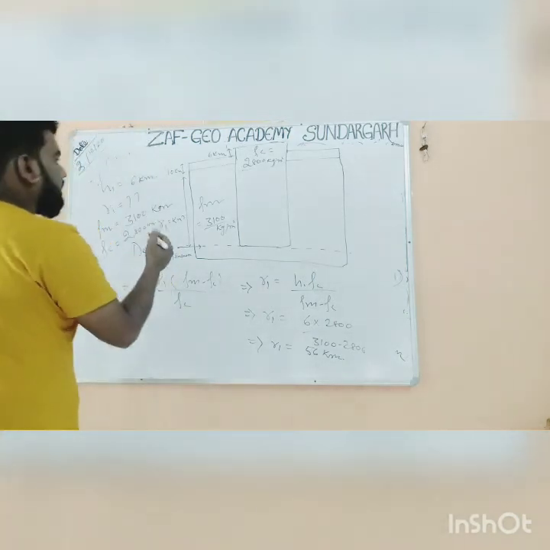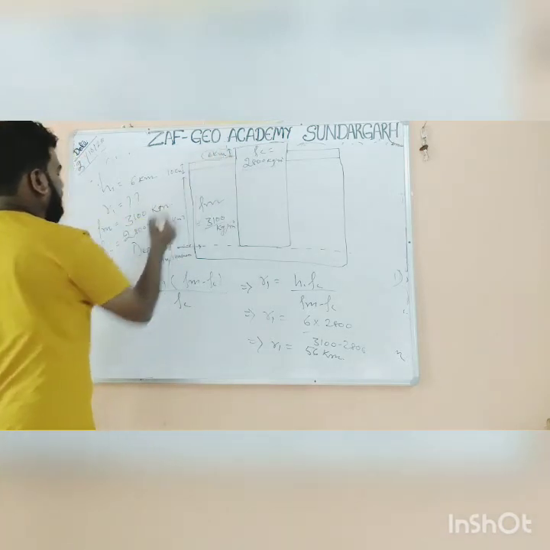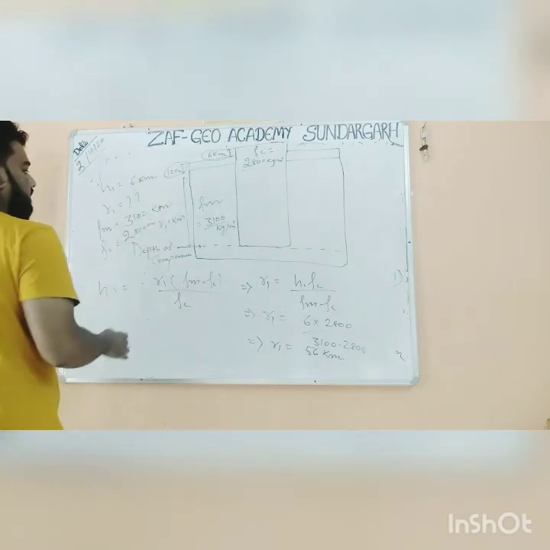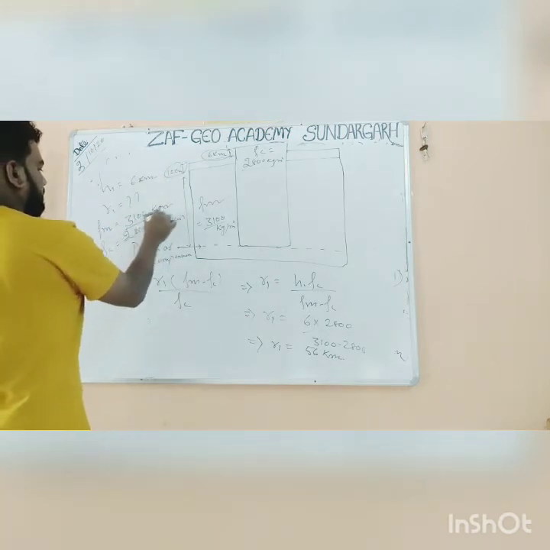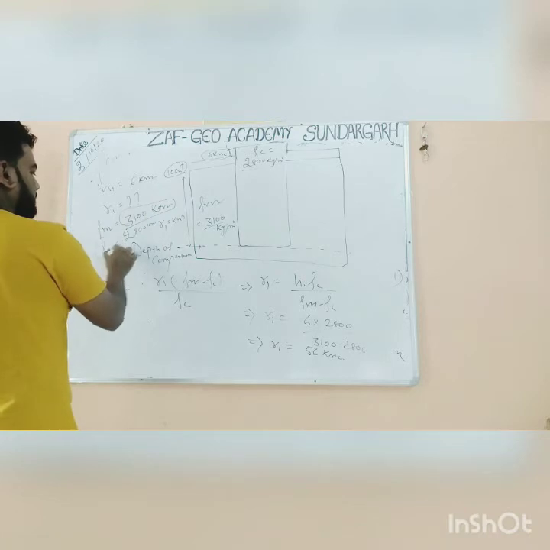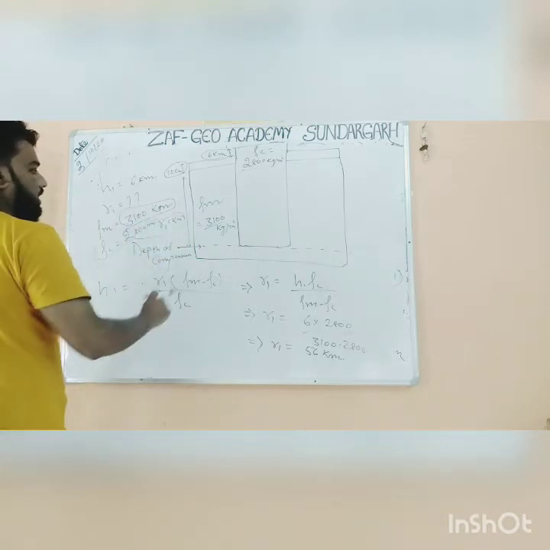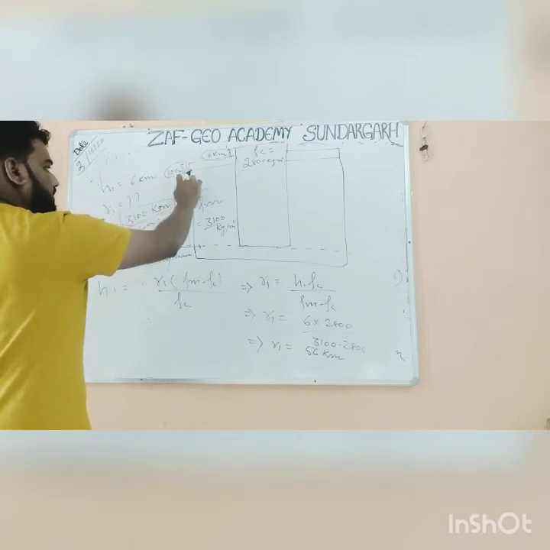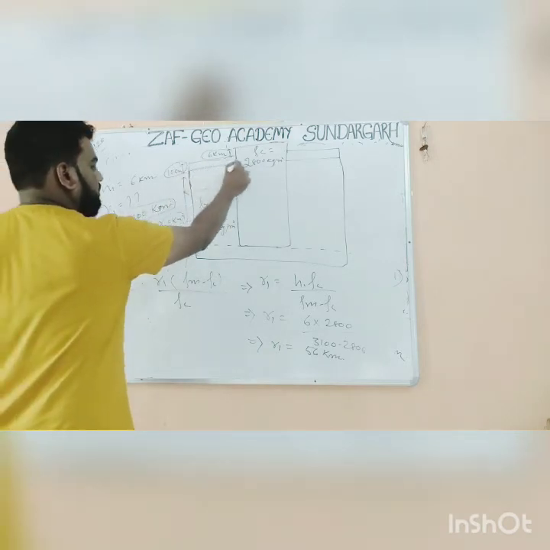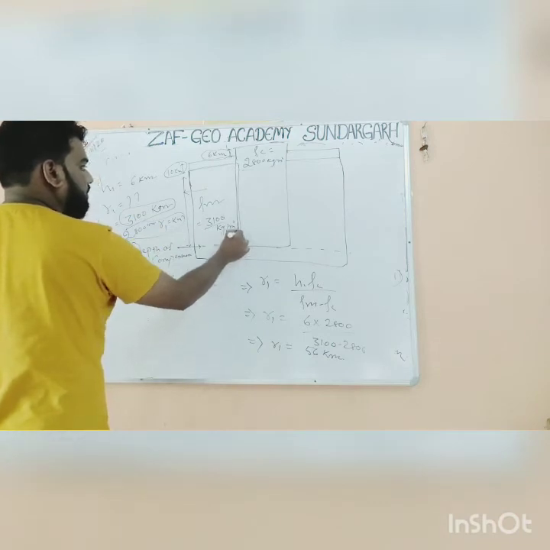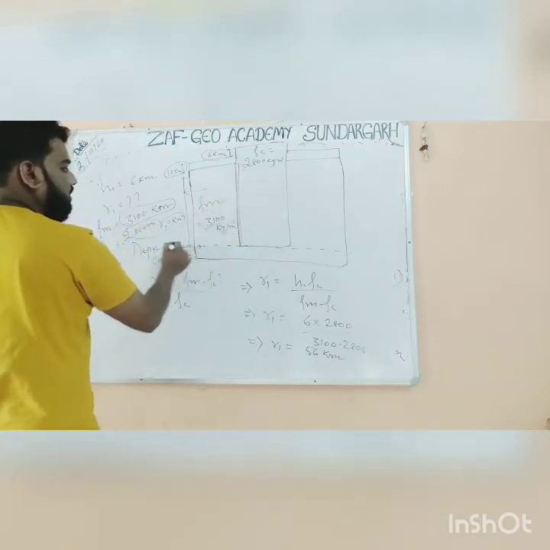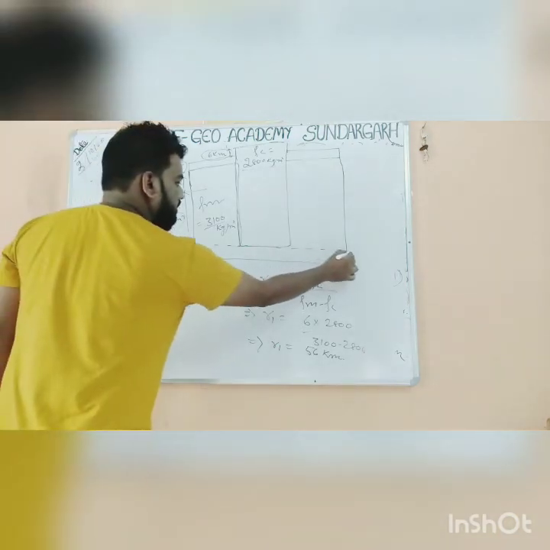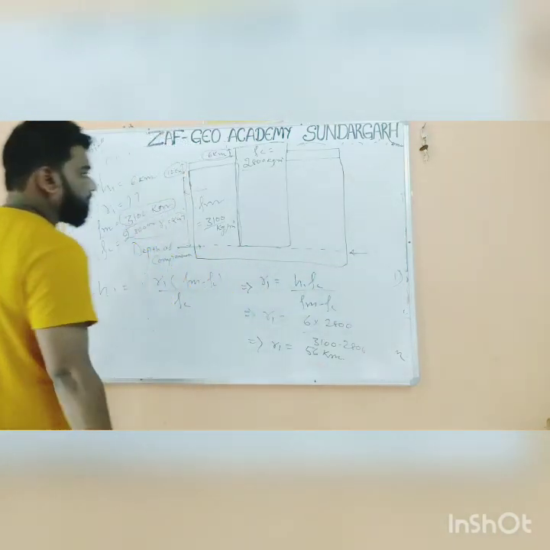Here the height h1 is 6 km, and he is asking about this much height, from here to here, the root. This is the depth of compensation.